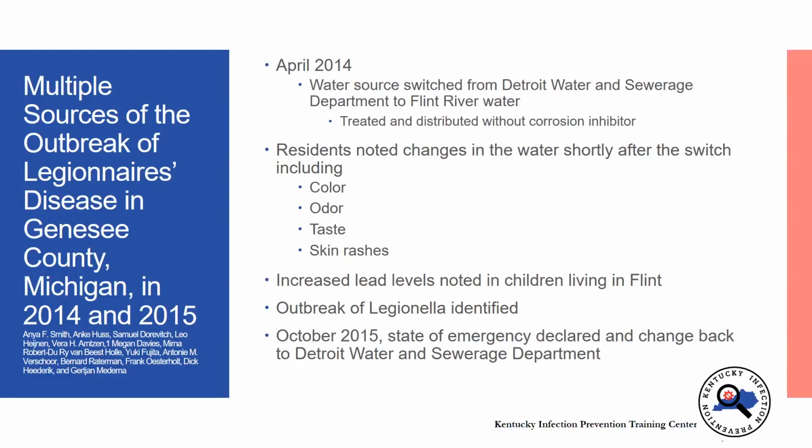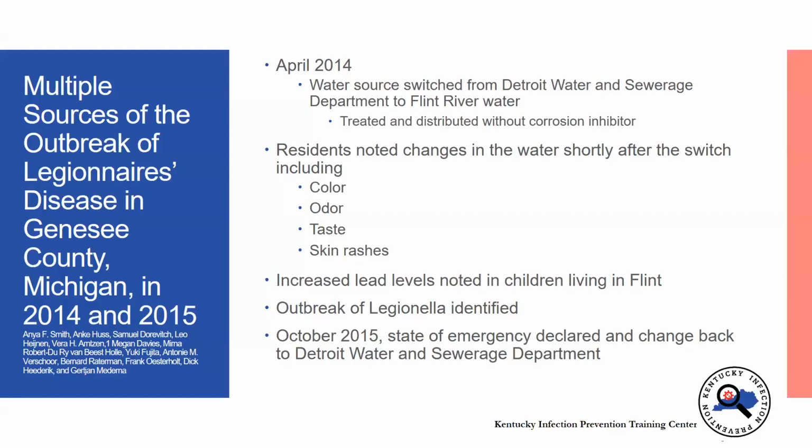In this review, we knew that in April of 2014, the water source in Flint, Michigan, changed from the Detroit Water and Sewerage Department to the Flint River Water Company. The water from the Flint River was treated and distributed without a corrosion inhibitor. Shortly after the change, residents started to note issues: the color of the water, odor, the taste, and many residents ended up with skin rashes.